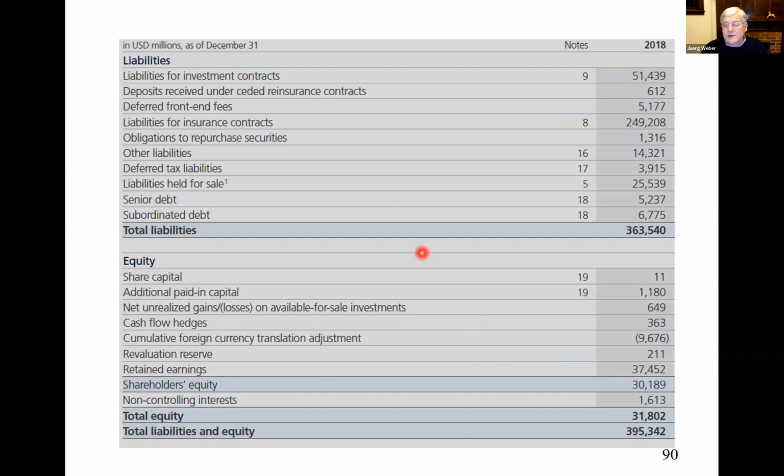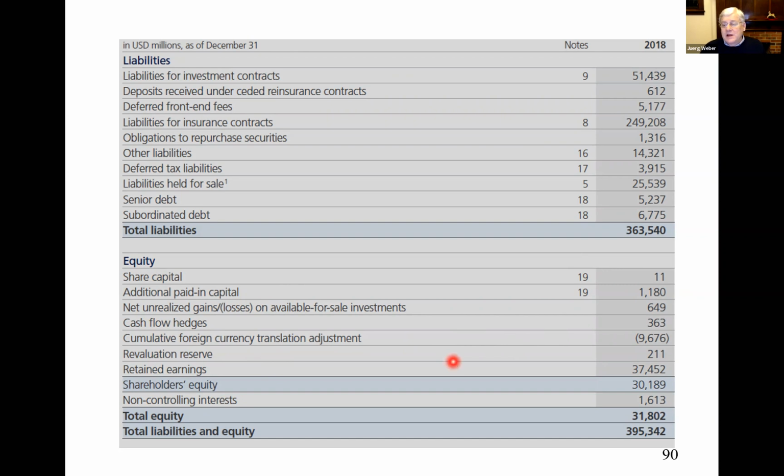Sorry, it's actually down here. That's the equity. So here we have the total liabilities, and then down here we have the equity. Again, okay, those are just for legal reasons. Okay, they mention this. So that's a buffer stock here, down here.